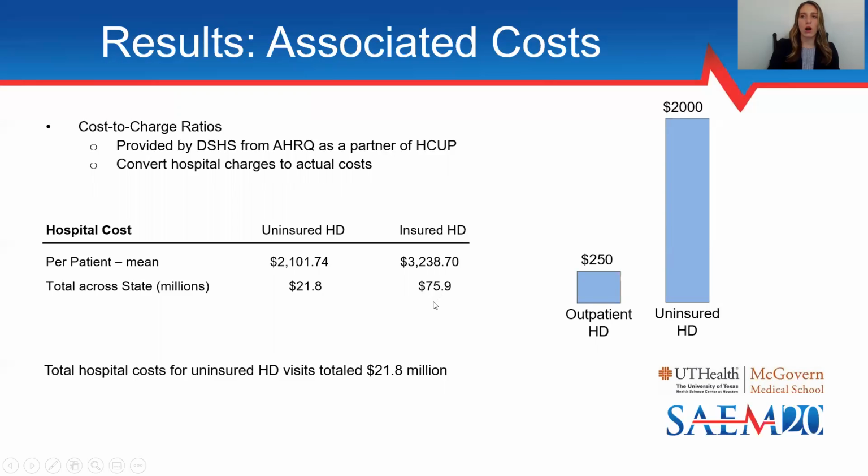Overall, hospital costs totaled $75.9 million for insured and $21.8 million for uninsured ED-HD visits. In comparison, a visit to the emergency department for hemodialysis treatment costs approximately $2,000, as opposed to $250 for a scheduled outpatient session.